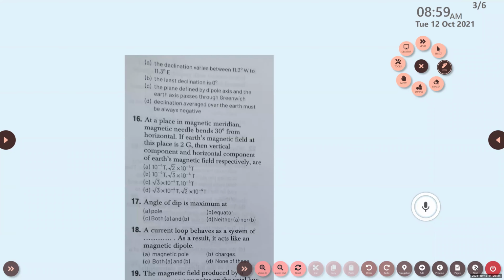I'm option A. Option A. I need the reason. The dipole will make different angles. Yes, does the dipole coincide or align with the Earth axis? Okay, Anna, carry on with the explanation, no problem. No, ma'am, you can explain.